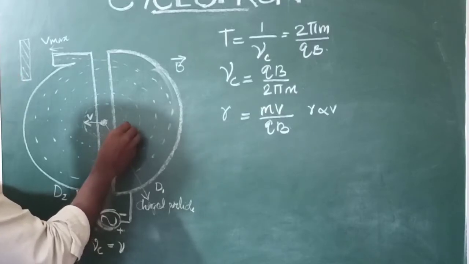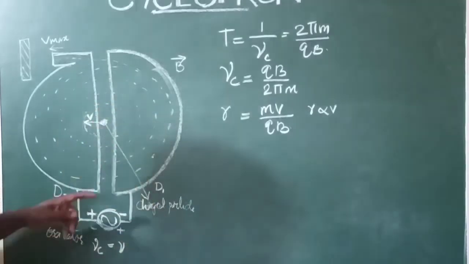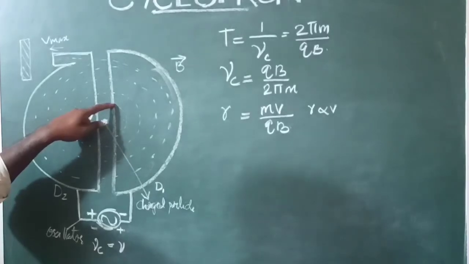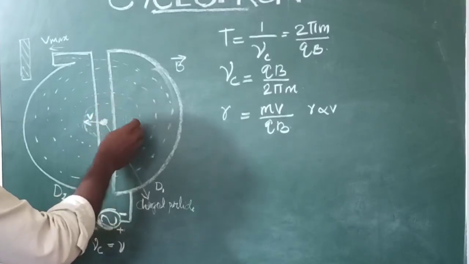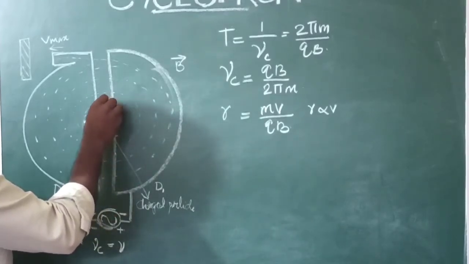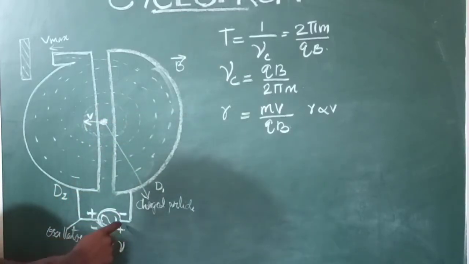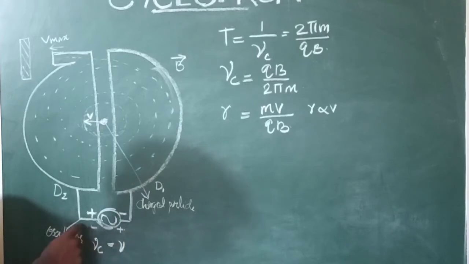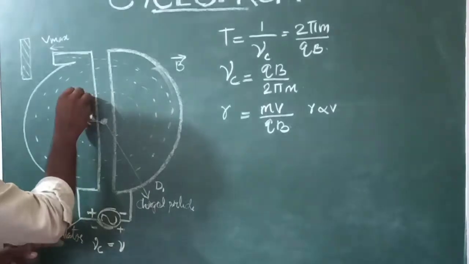Again, the magnetic field causes a circular movement for the particle, and it reaches the end of D1. As it goes out of D1, it again comes under the influence of the electric field. Now the direction of the electric field will change: the terminal connected to D1 becomes positive and D2 becomes negative, so the field is directed from D1 to D2.